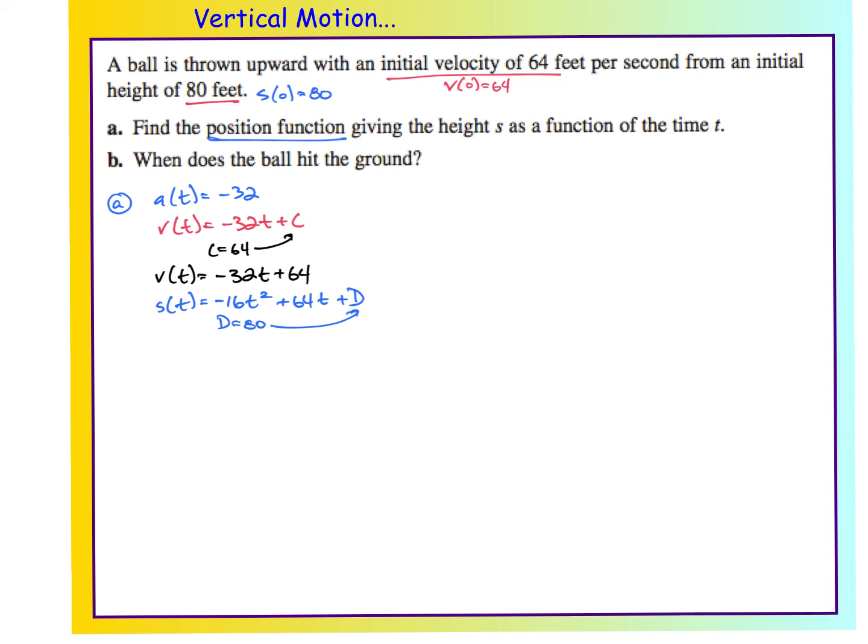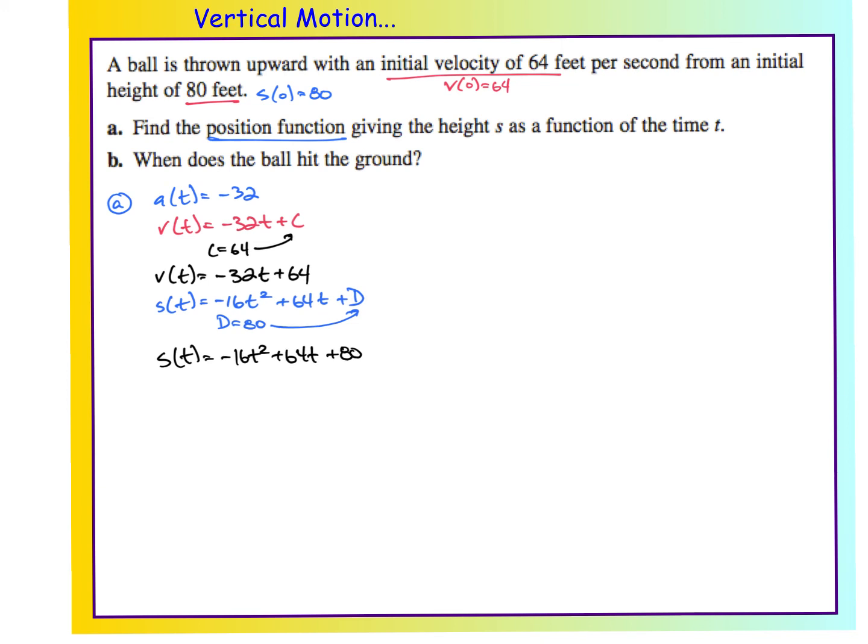Now, they don't have to say your initial height. They could say at time 1 we get something. Do you follow me? So don't just think that the number they give you is what we're going to have for the constant. But we have 80 there. So now I have my position, s of t is equal to negative 16t squared plus 64t plus 80.